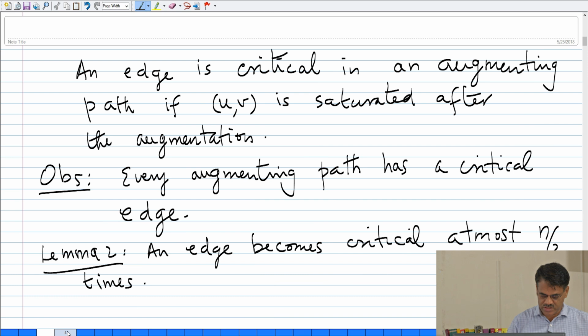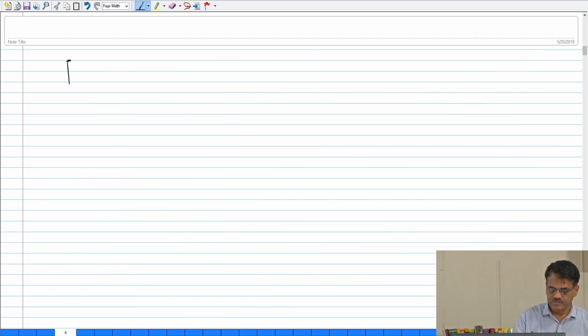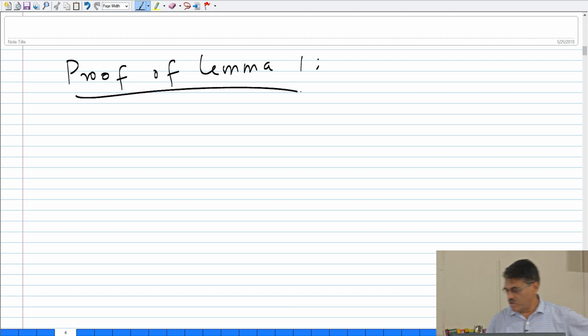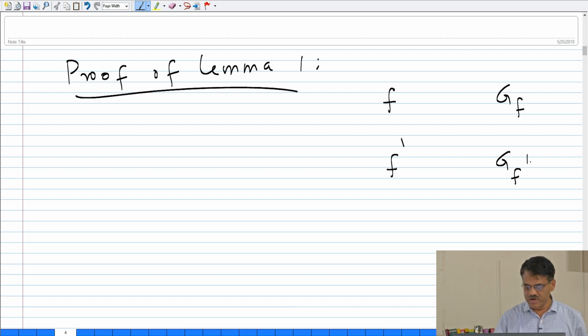Okay. So let's try and prove it. And we'll prove it by contradiction. Okay, so suppose not, right? So what do we want to show is that, so here is your flow F, and here is my residual network, and later on another flow F prime after some augmentation in G F prime.